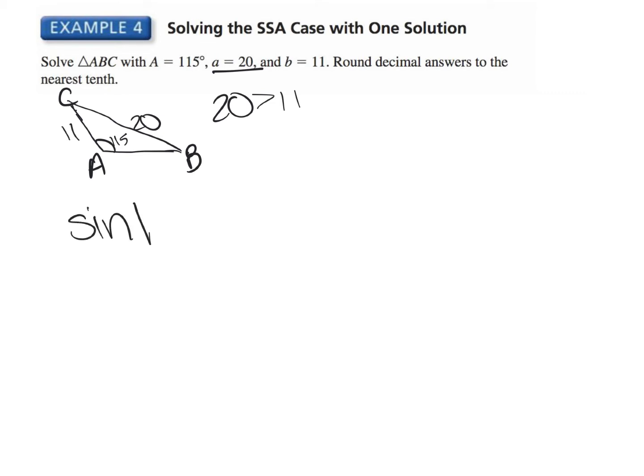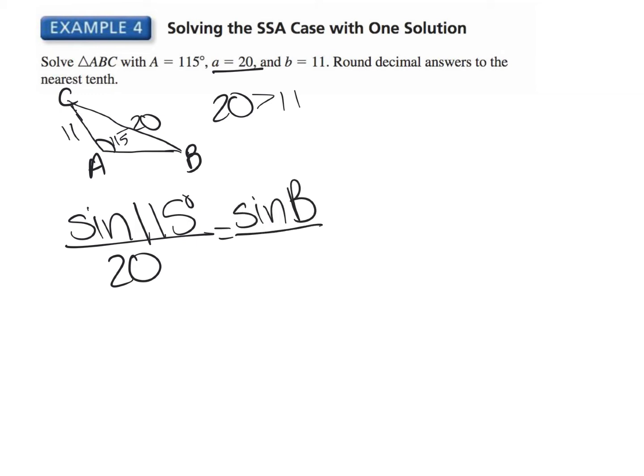That means we've got sine 115 degrees over its side length of 20 equals sine of our B over the side length 11. Now this one is different because you're going to have to use your calculator to solve for sine B, and I'm going to show you guys how to do that. But first up, let's go ahead, cross multiply.